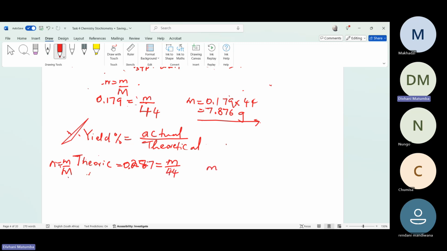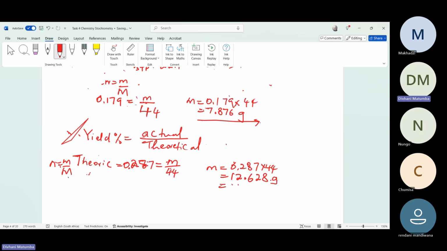And the mass will be 0.287 times 44. You agree? Yes. Which is how much? 12.628 grams. Okay.